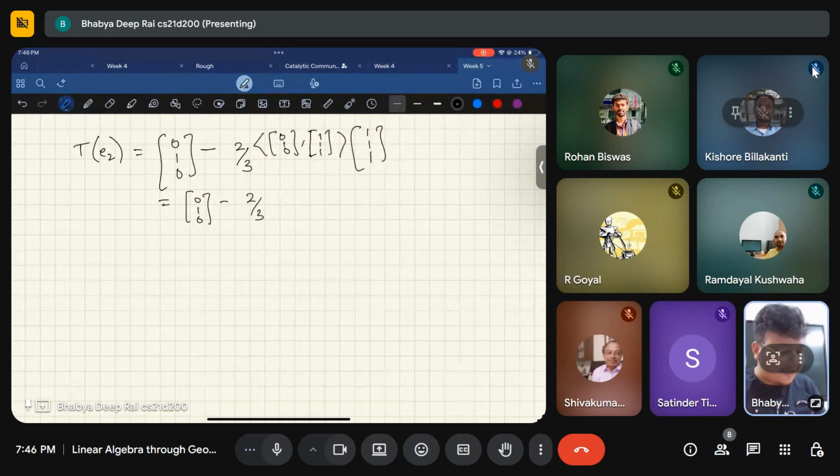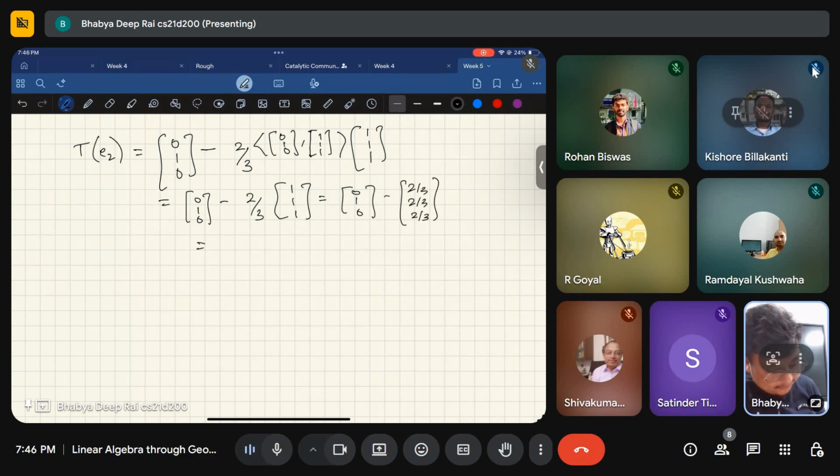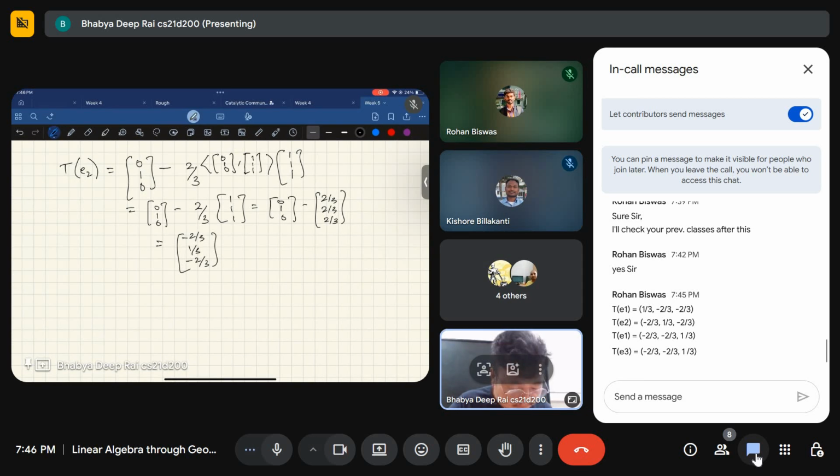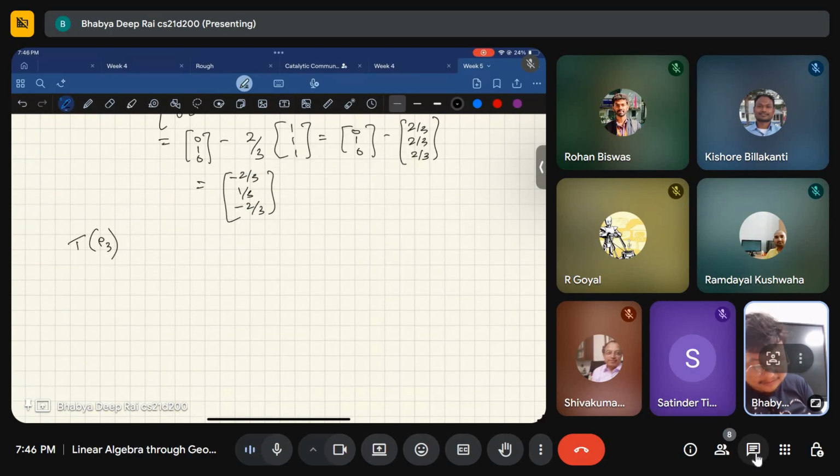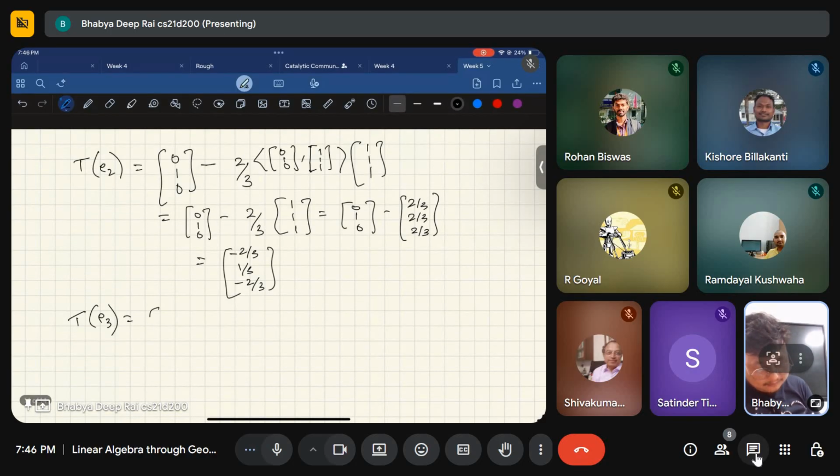Anyhow the inner product is going to be 1, so we don't need to calculate it anymore. So it is 0, 1, 0 minus 2 by 3, 2 by 3, 2 by 3. And here you get minus 2 by 3, 1 by 3, minus 2 by 3. Let's see your answer. Minus 2 by 3, 1 by 3, minus 2 by 3. Correct, yeah, good.